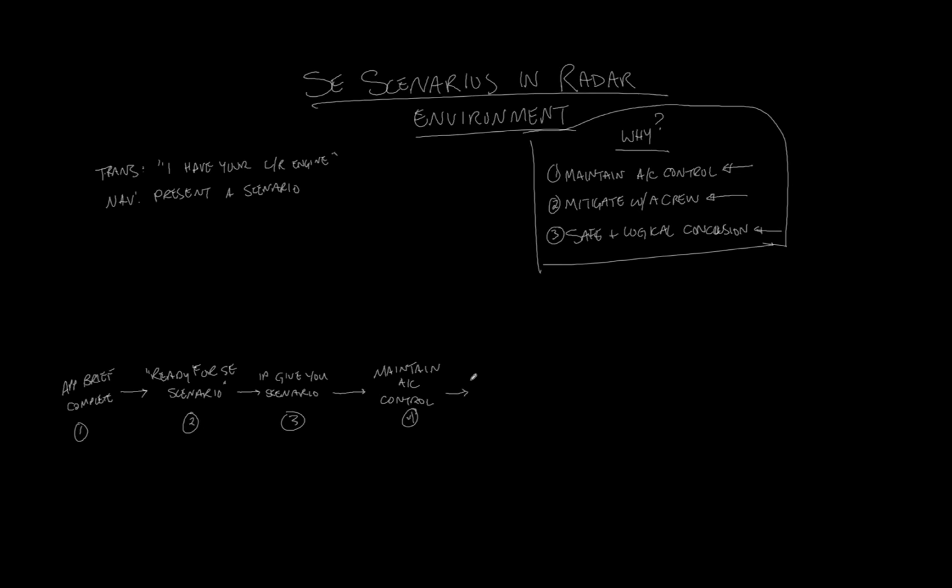So once my IP gives me my scenario and I maintain aircraft control, I'm going to work into an analysis phase. Now this may vary based on the scenario that the IP gives you. Let's say he just says the engine dies.